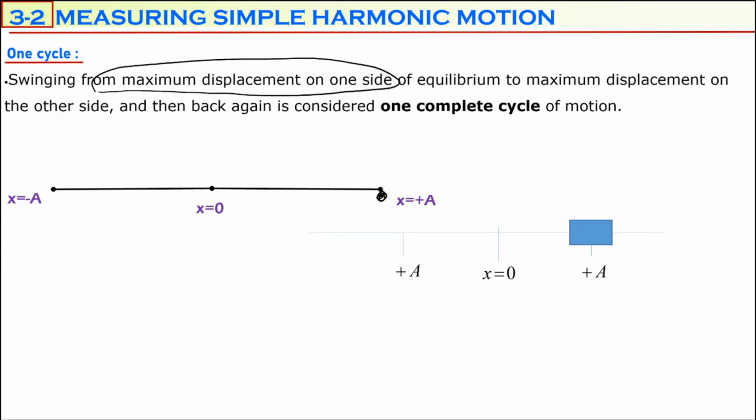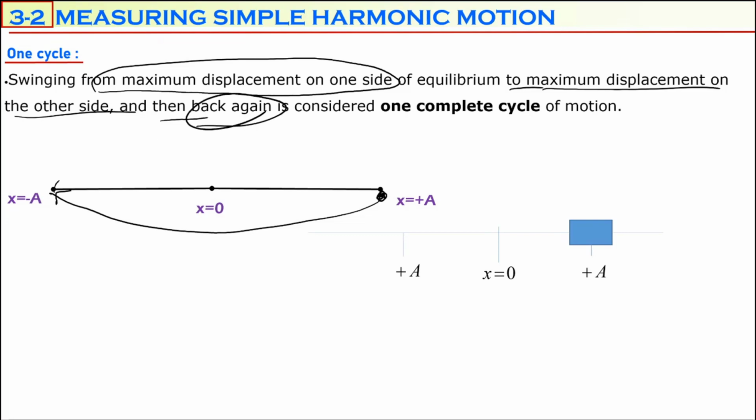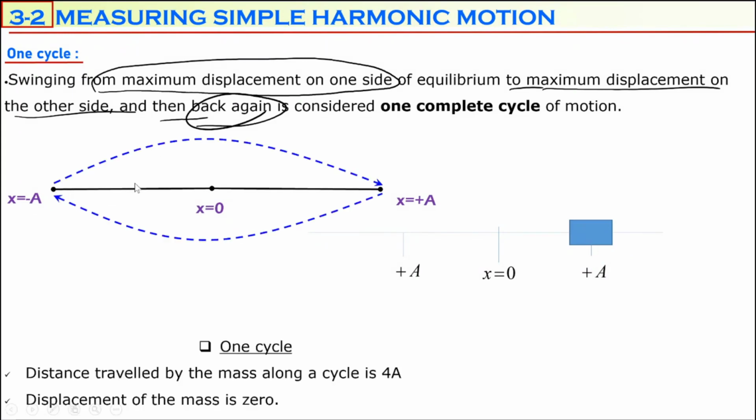I will swing from this maximum displacement to the maximum displacement on the other side, but you are not going to stay there. Then back again, you will come back to where you started. This is known as one complete cycle of vibration, one complete cycle of motion.